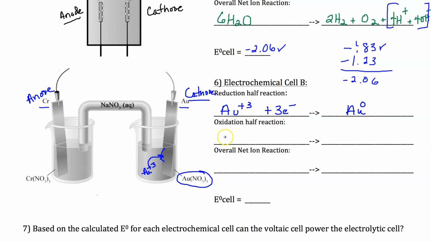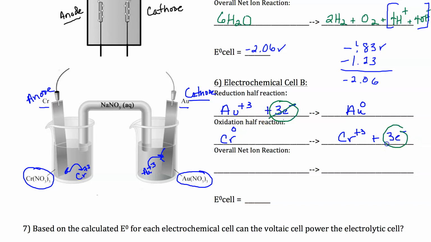And at the anode, we have chromium 0 giving off how many electrons? Well, in solution, we've got chromium plus 3. That clues us in that a piece of solid chromium is going to become chromium plus 3 and give off 3 electrons. Very nice that I gave you half reactions that have the same electrons being absorbed in reduction as produced in oxidation.